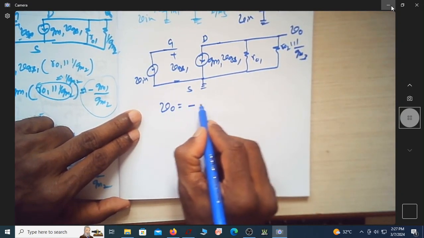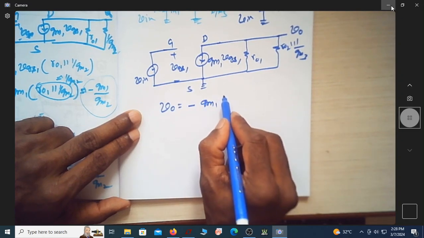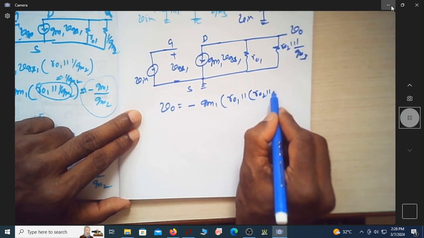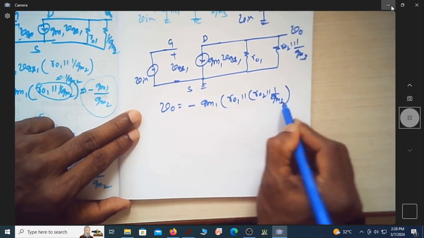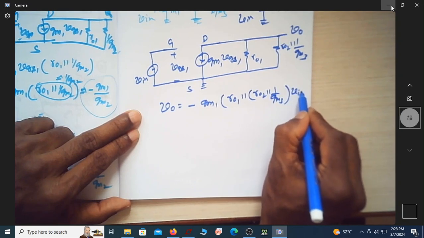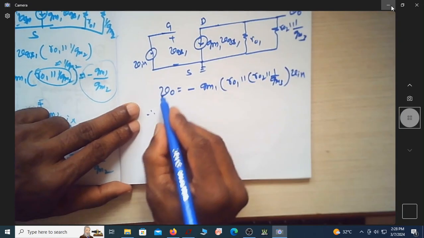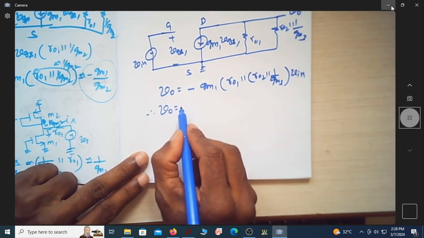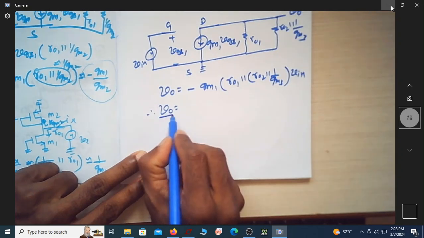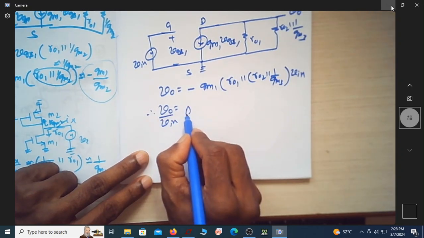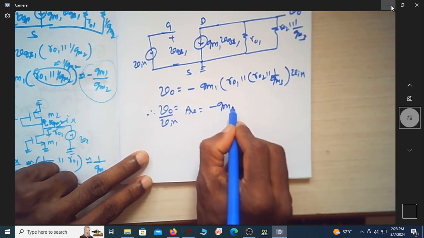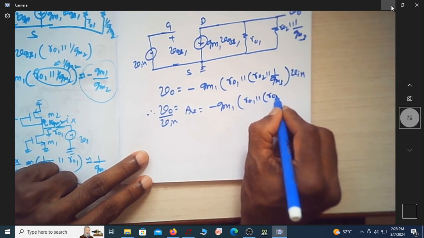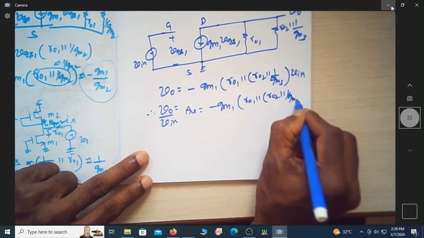as equal to minus Gm1 into R01 parallel with R02 parallel with 1 over Gm3 into Vin. Therefore V0 by Vin, if you write the gain, it's nothing but minus Gm1 into R01 parallel with R02 parallel with 1 over Gm3.